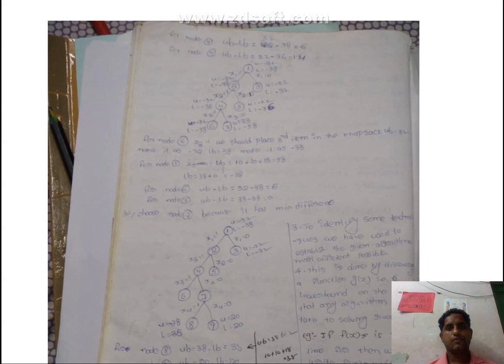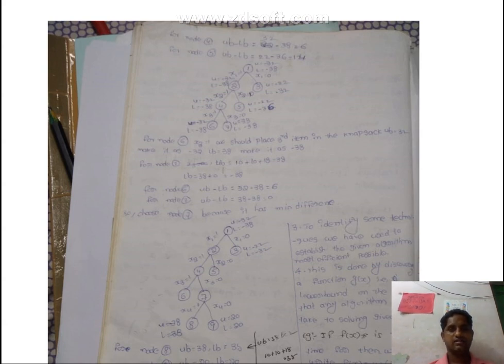See, node 4 upper bound minus lower bound equal to 32 minus 38, which is 6. Node 5 upper bound minus lower bound equal to 14. So now which is the minimum? The fourth node is the minimum. Then we go to the next nodes.